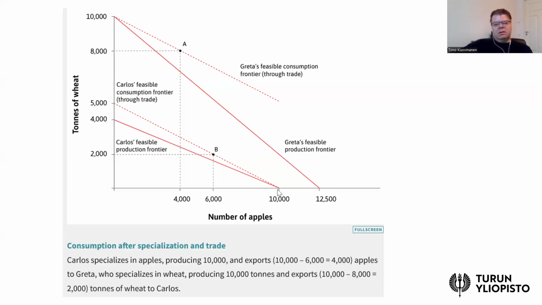So when these two individuals specialize and then trade, suppose that these broken lines indicate the relative prices they are using for trading, then both individuals can have a better outcome than they would without trading. So in this example, if we also combine these indifference curves, then Carlos would choose point B and Greta point A.